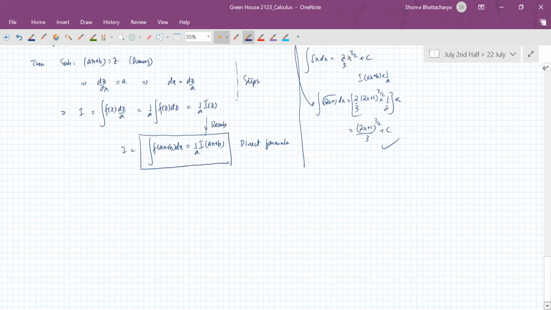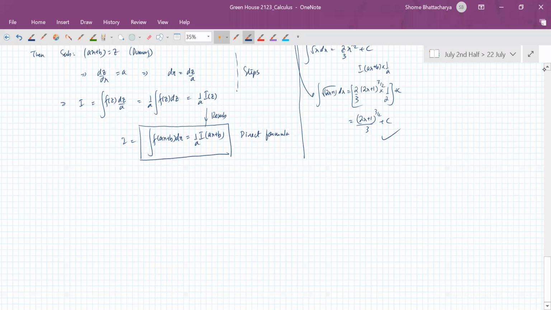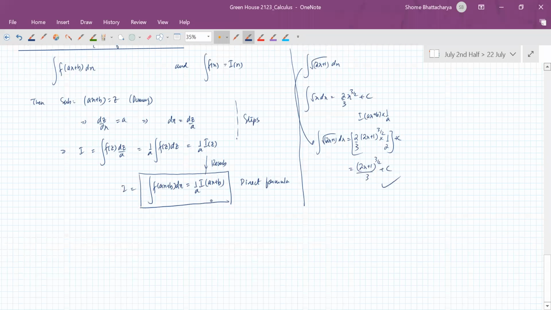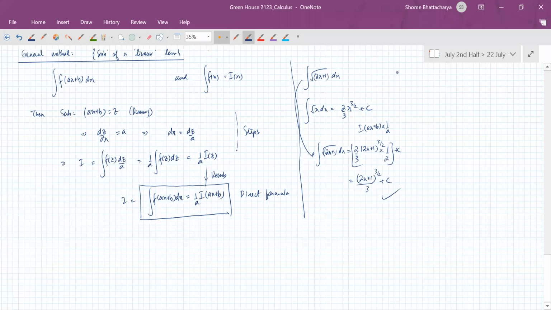Sir, if a is equal to 1, then the integration would be similar to the normal one, right? Yeah. So for example, if I had square root of x plus 5 dx, now this will become x plus 5 to the power 3 by 2 divided by 3 by 2, into 1 by 1 only.